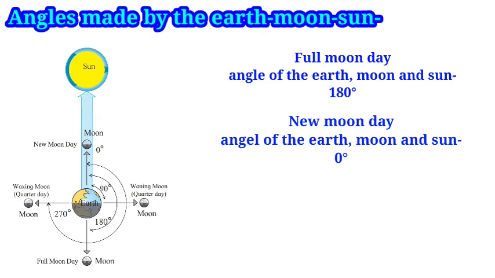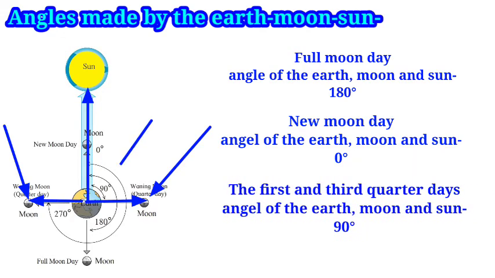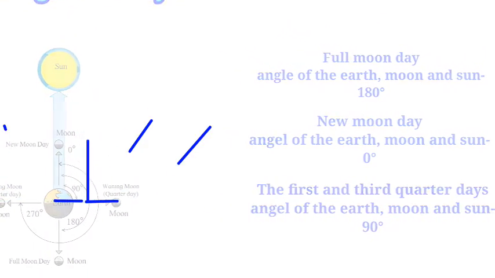Next, see in the figure the first and the third quarter days. The moon, the earth and the sun make an angle of 90 degrees. At this position, we see half the portion of the moon illuminated. Hence, in the sky, the moon appears semicircular in shape.